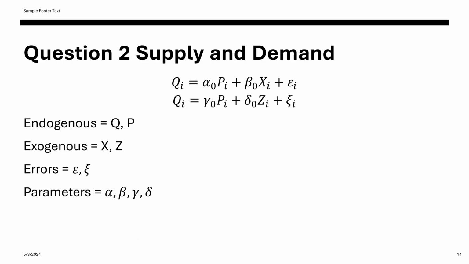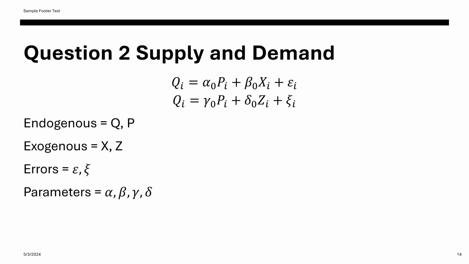Okay. The second question is about our old friend to economists, the supply and demand model. It's so familiar that I will not discuss much about what this means. Here, we have endogenous variables Q and P, and exogenous variables X and Z. There are error terms epsilon and psi, and parameters alpha, beta, gamma, delta.